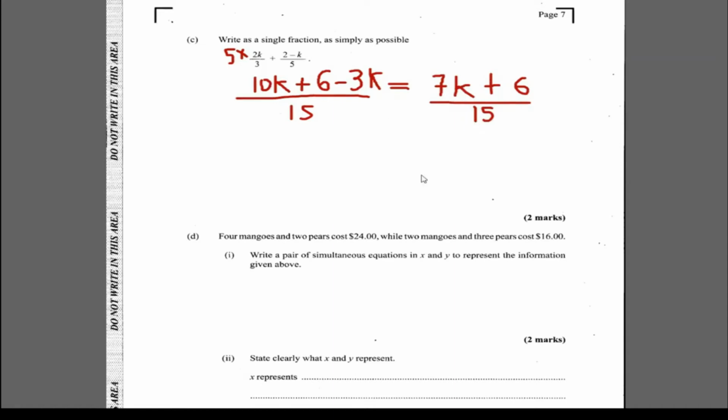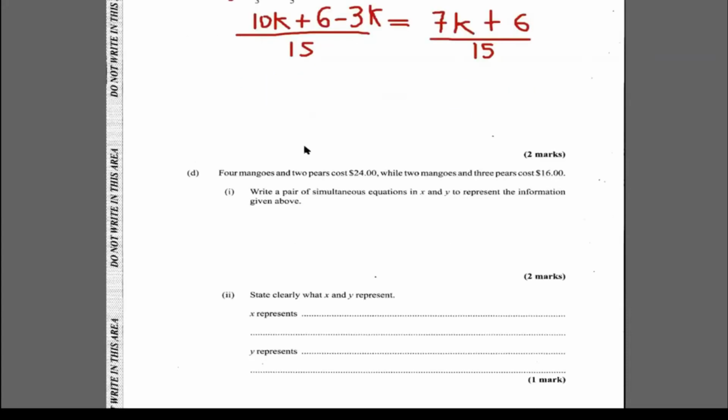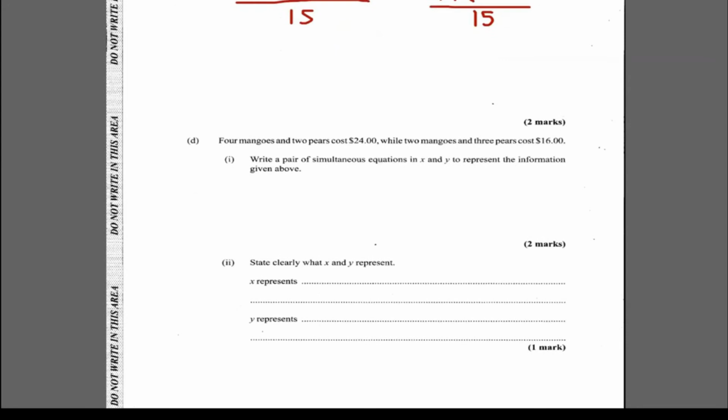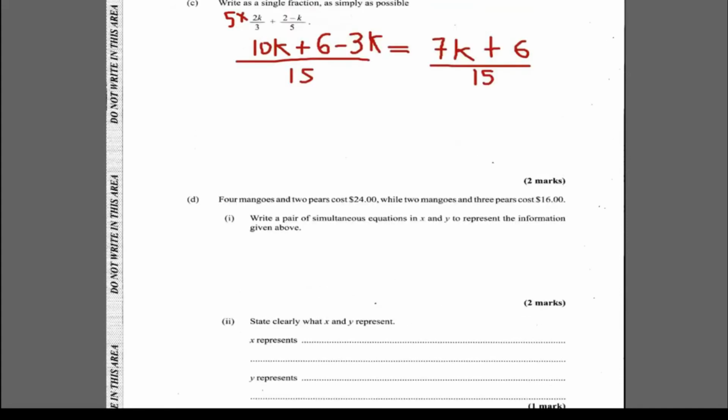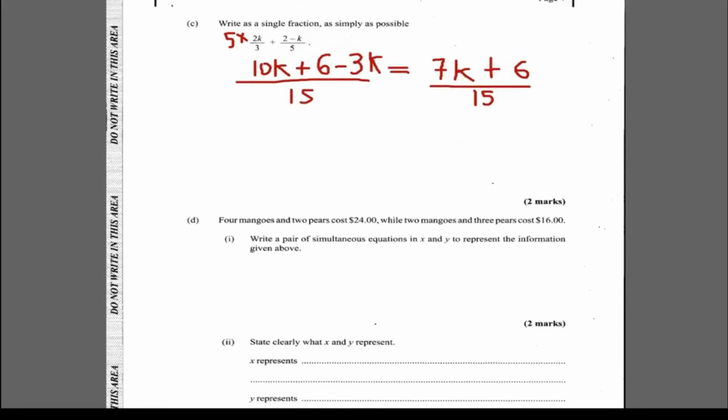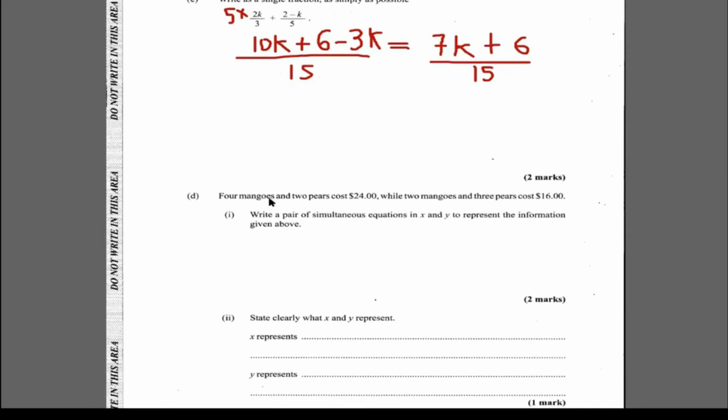Now part D says four mangoes and 2 pears cost $24, while 2 mangoes and 3 pears cost $16.